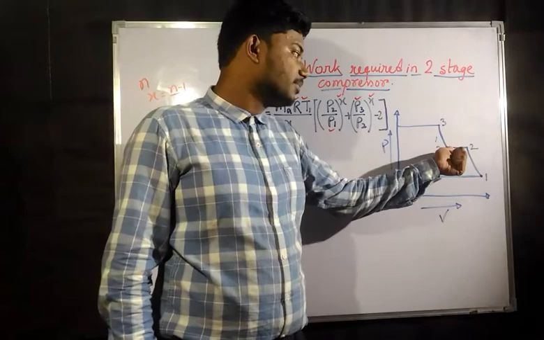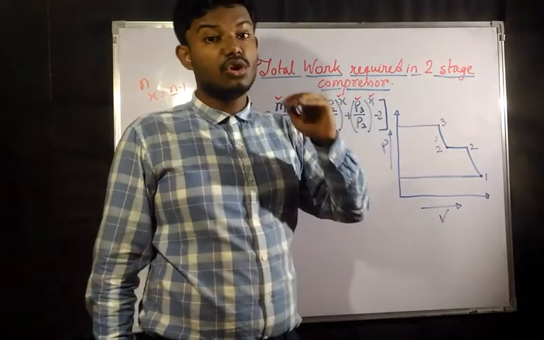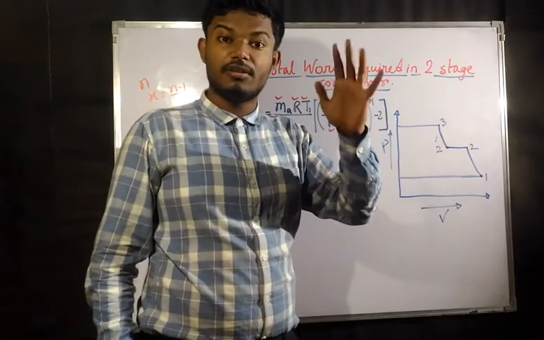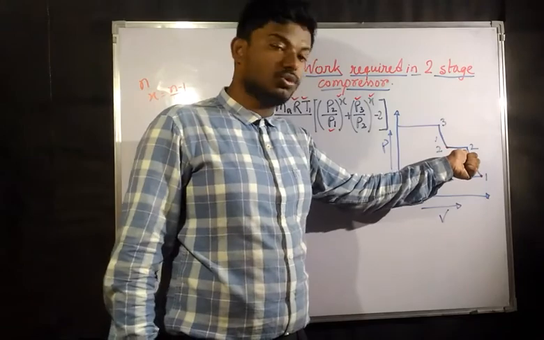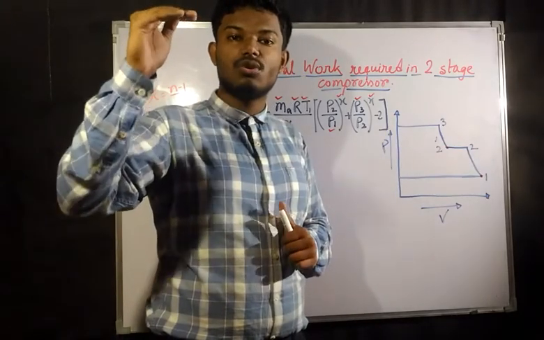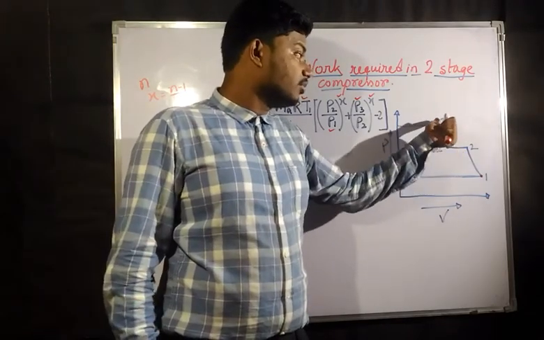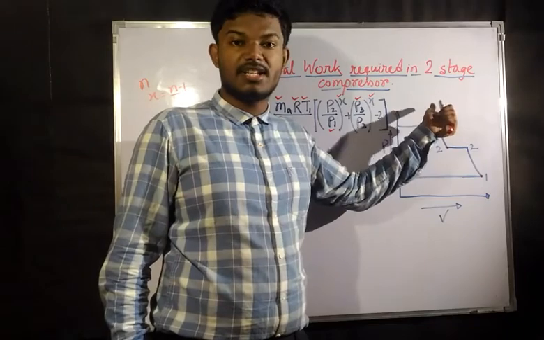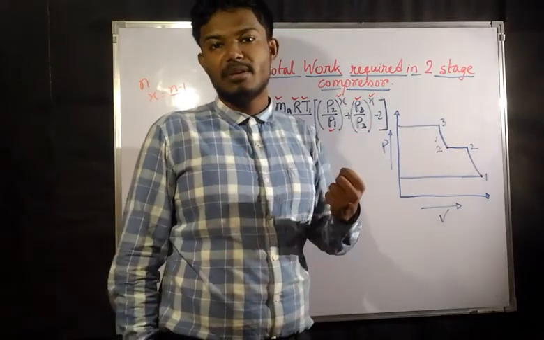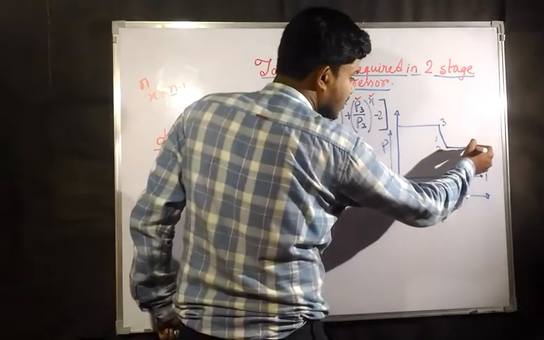We are going from 1 to 3, but we do not know up to what pressure the first compression should go. And after that, to reach pressure 3, from what point we need to start, we also do not know, for getting the minimum work input. So obviously the pressure from 1 to 2 is not known to us.